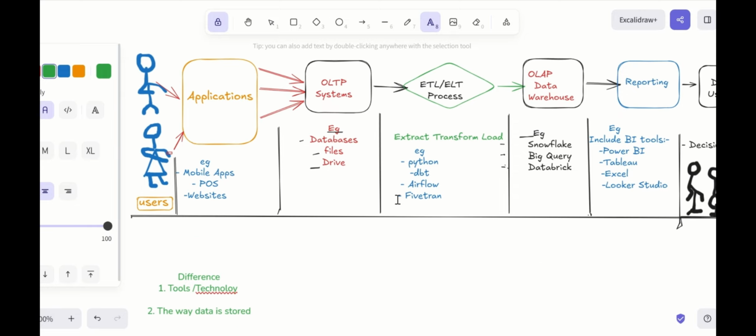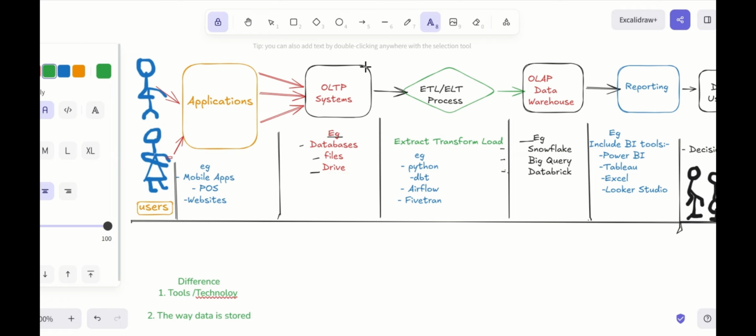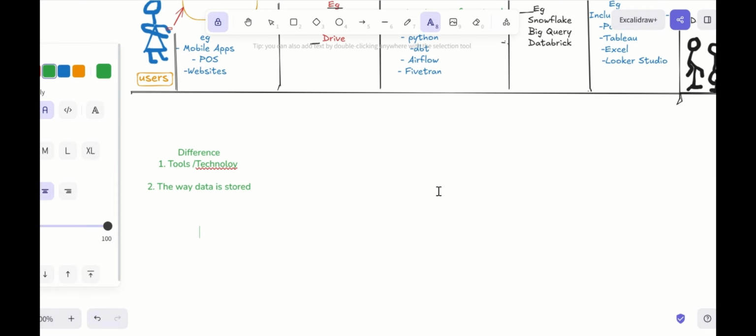And then a lot of beginners have been asking me, why should we create OLAP, yet we can simply pull the data from the OLTP system into reporting tools?